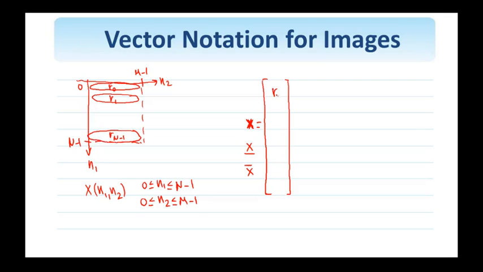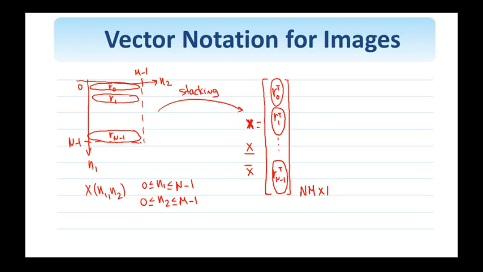So this is row 0 transpose, so it comes here, row 1 transpose, all the way down to row n minus 1 transpose. So the n by m image is now converted into an nm times 1 vector. So this is the process of stacking an image into a vector.